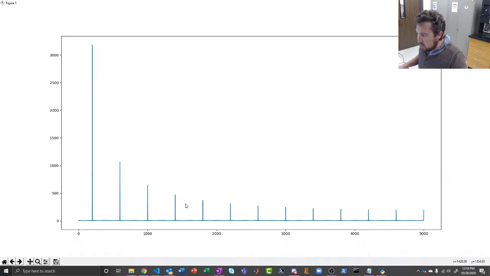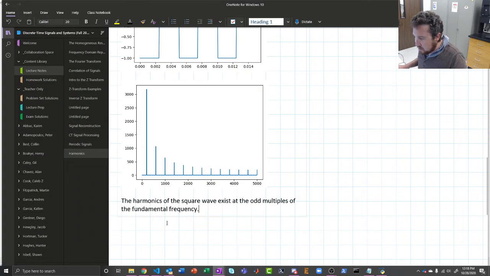And then let's talk about the amplitudes here. So we started at, let's just call it 3,200, and we dropped it down to 1,000. So we dropped off by a third, even though the frequency itself was just a third, right?